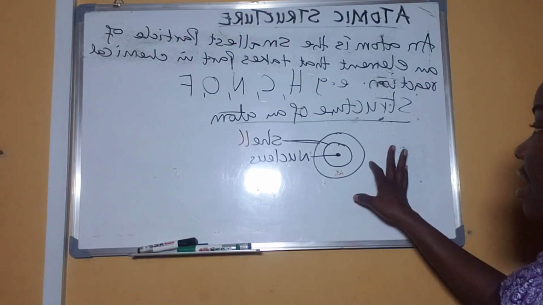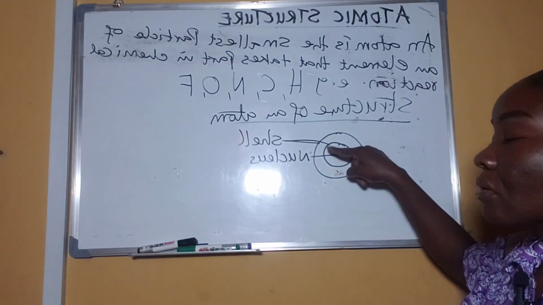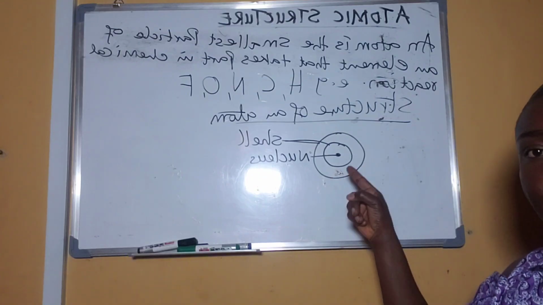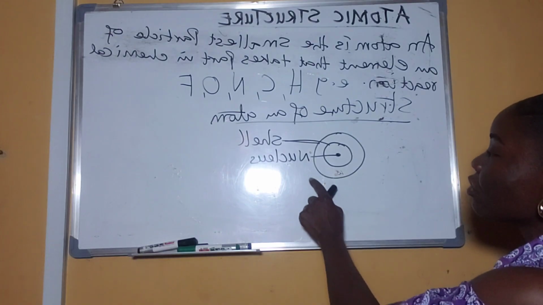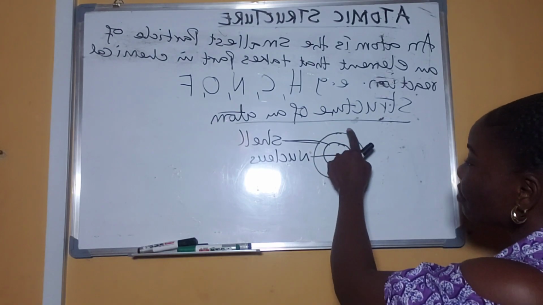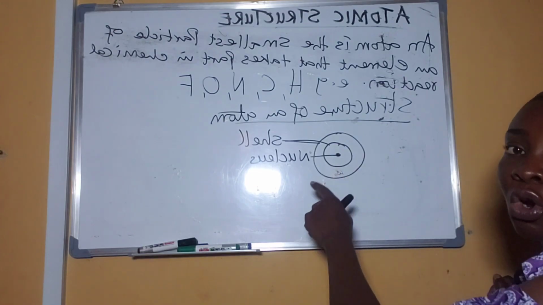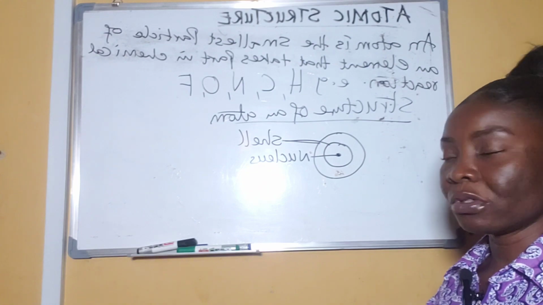The structure of an atom consists of a central nucleus which is surrounded by shells. On these shells is the location where you are able to find electrons. So electrons revolve around these shells, whereas the nucleus contains the protons and the neutrons.